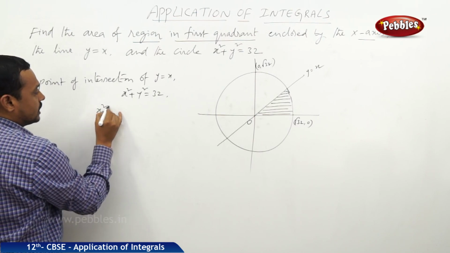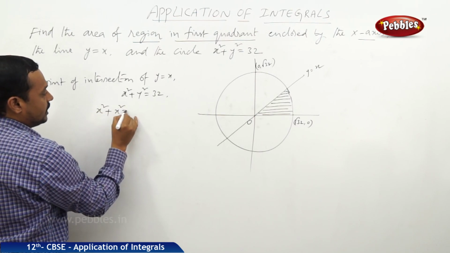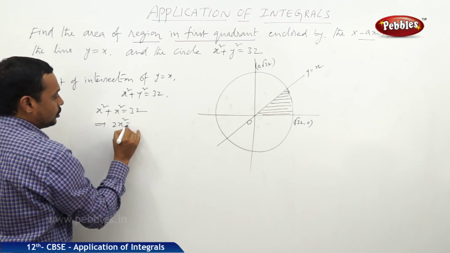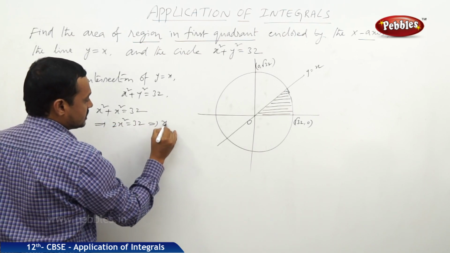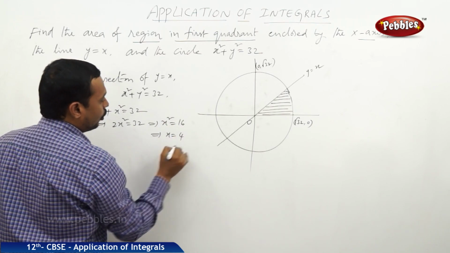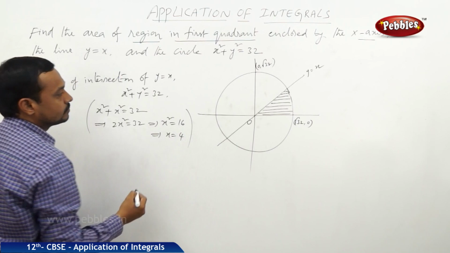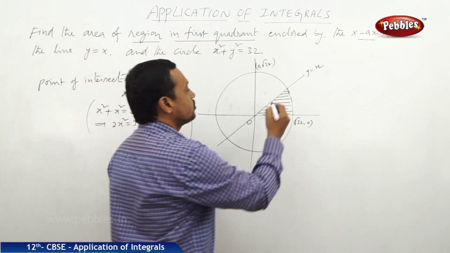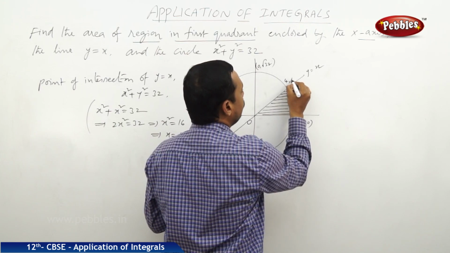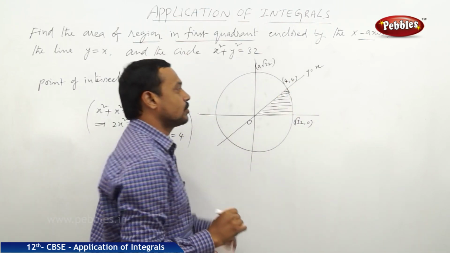So x square plus x square is equal to 32. That implies 2x square is equal to 32. Therefore x square is equal to 16 and x is equal to 4 in the first quadrant. So the x coordinate of this point of intersection is 4 and the y coordinate is also 4 since y is equal to x straight line.